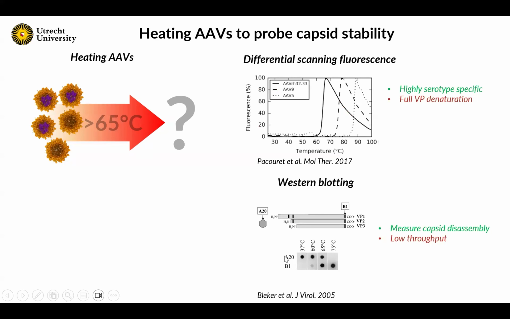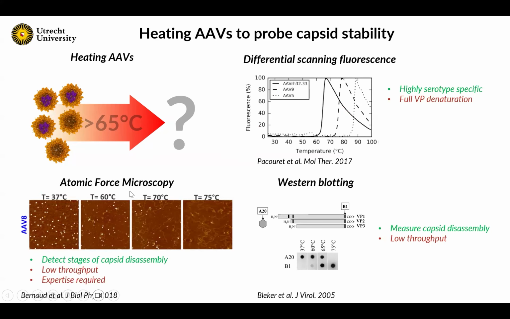So you can see that if you increase the temperature, at some point the antibody that can only bind to a fully intact capsid will stop binding because the capsids fall apart, while others start binding because new parts are becoming exposed that can interact with these antibodies. So this is also a very nice technique, and you can really follow the disassembly of the capsid. However, Western blotting and dot blotting might not be that suitable for a high throughput way of working.